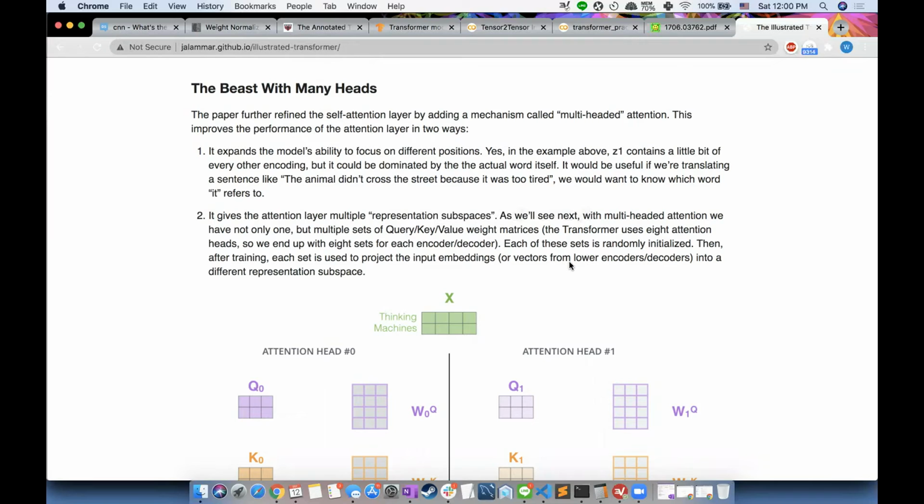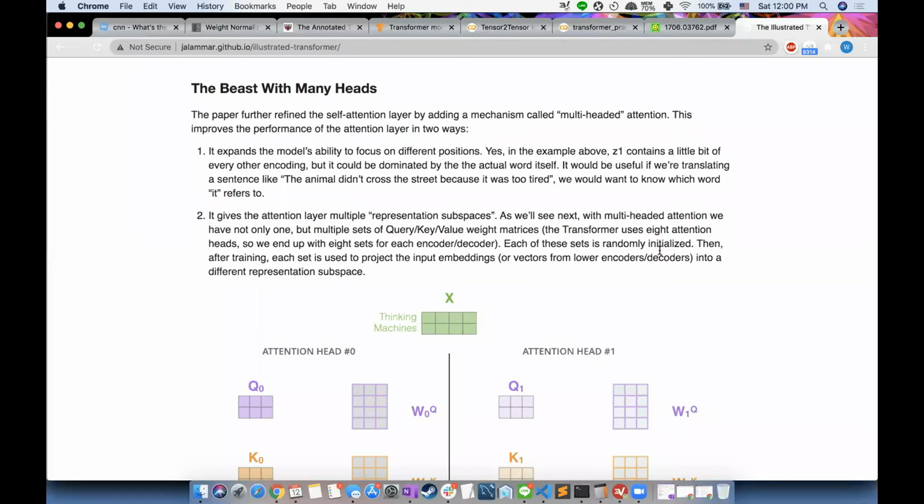As we will see next, with multi-head attention, we have not only one, but multiple sets of query, key, value weight matrices. The transformer uses 8 attention heads, so we end up with 8 sets for each encoder and decoder. Each of these sets is randomly initialized.